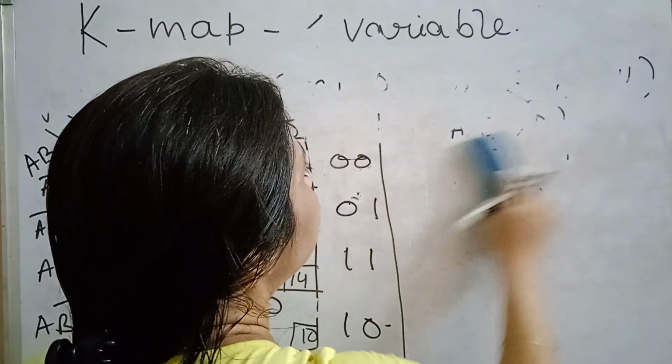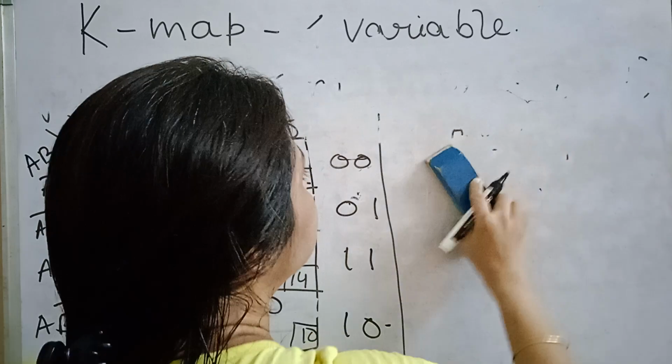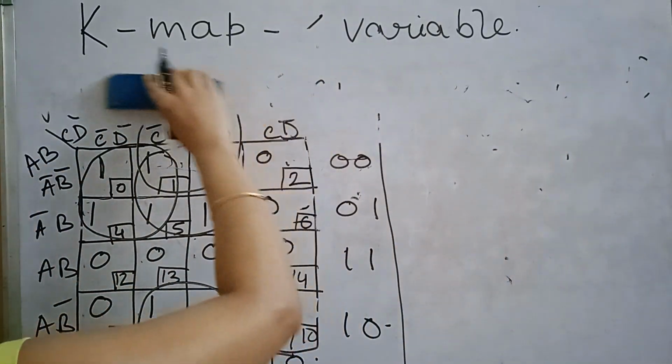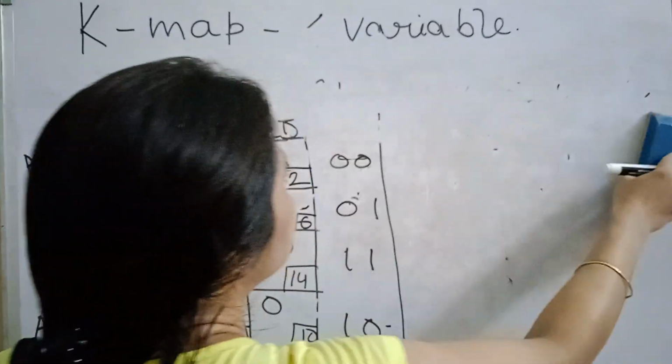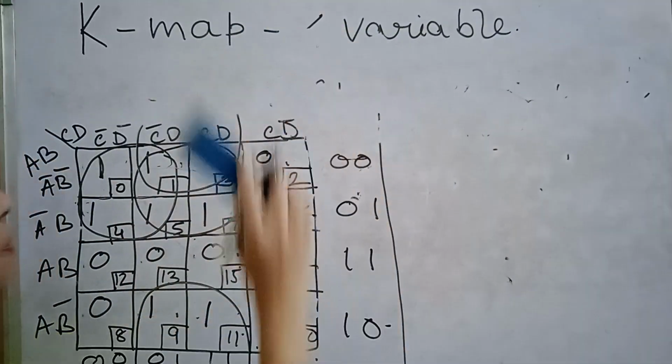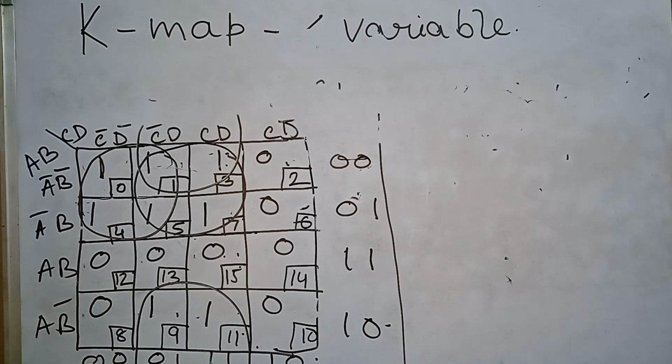While we are minimizing our expression, what should the expression for a group be? The expression for a group will be the common value shared by all the elements of that group.